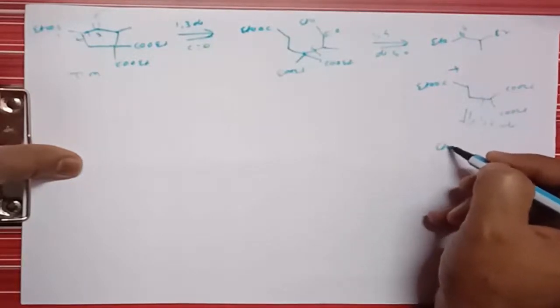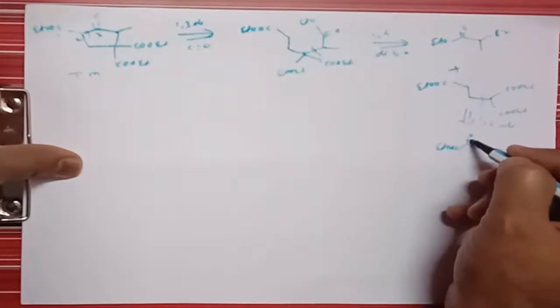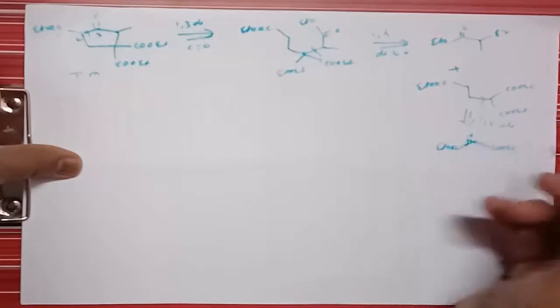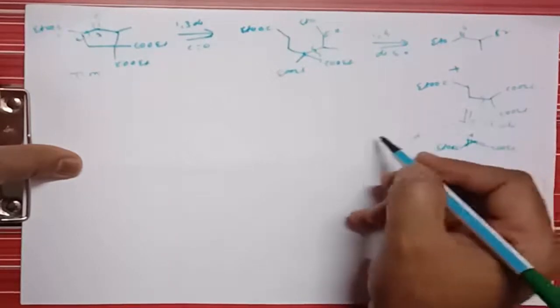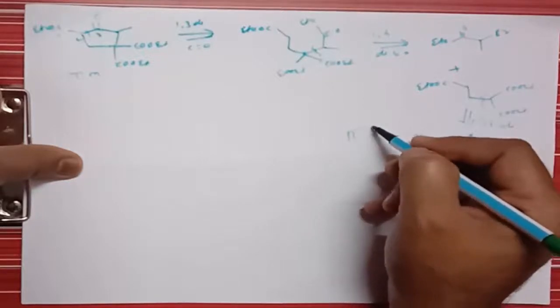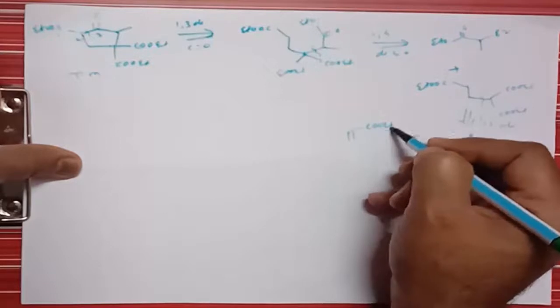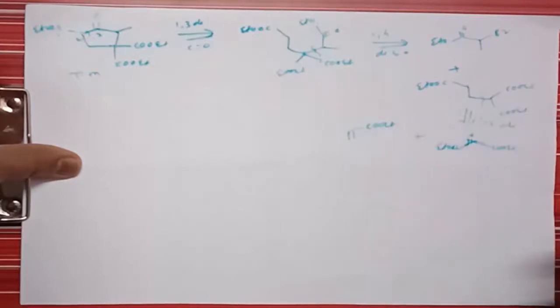It gives formation of COOEt, C double bond CH2, COOEt, plus along with it gives formation of such type of alpha beta unsaturated ester, right?